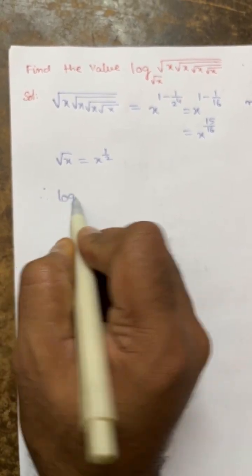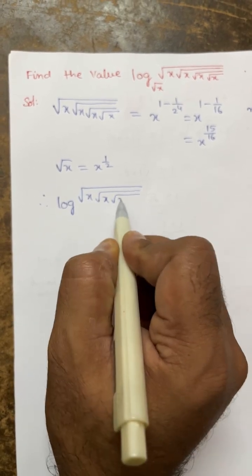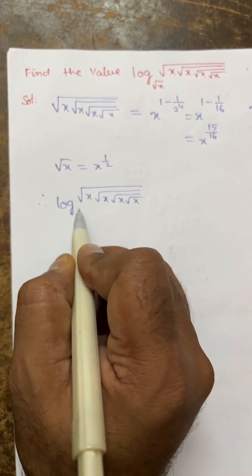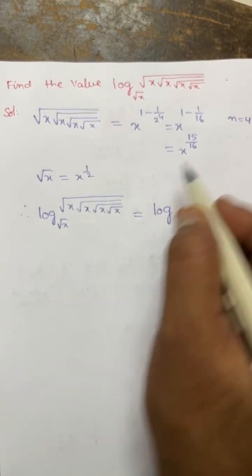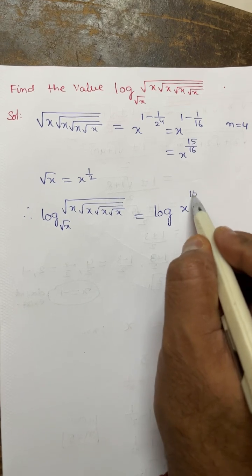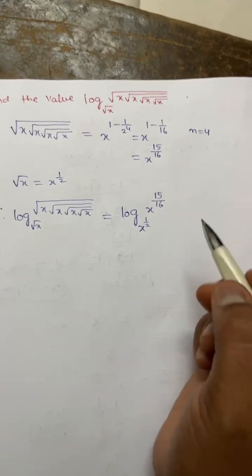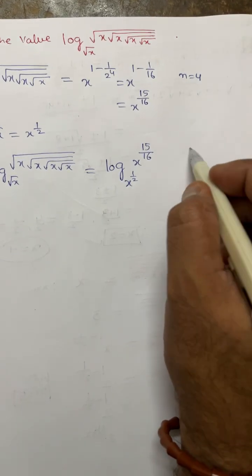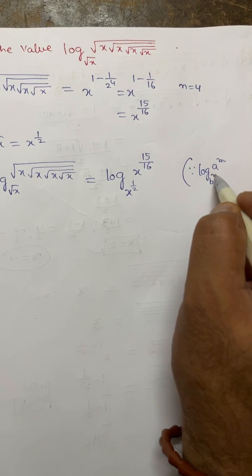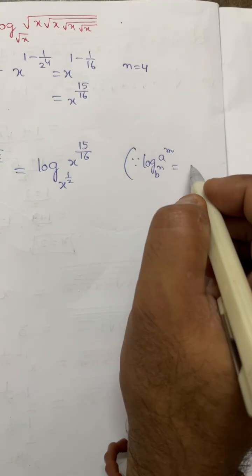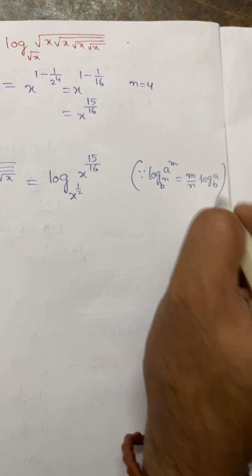Therefore, log of root of x, root of x, root of x, root of x to the base root x is equal to log of x power 15 by 16 to the base x power 1 by 2. We know the formula in logarithms: log a power m to the base b power n is equal to m by n into log a to the base b.